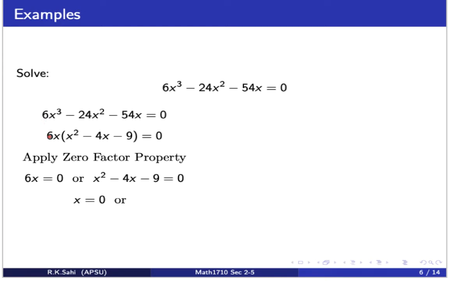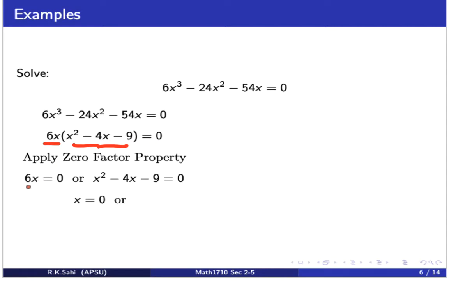So we take 6 and x out, and inside the parentheses we are left with x squared minus 4x minus 9. Once again, we apply the zero factor property. The zero factor property says either 6x is 0 or this whole quadratic expression, x squared minus 4x minus 9, is 0.